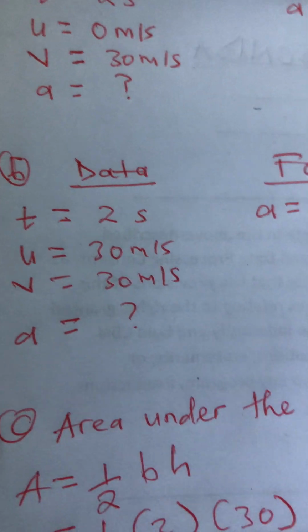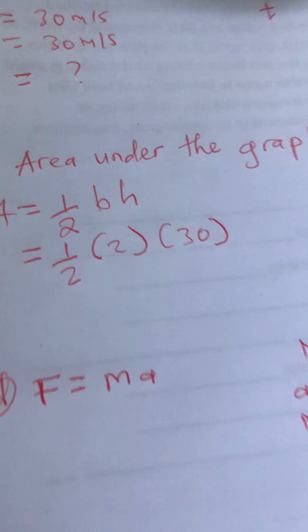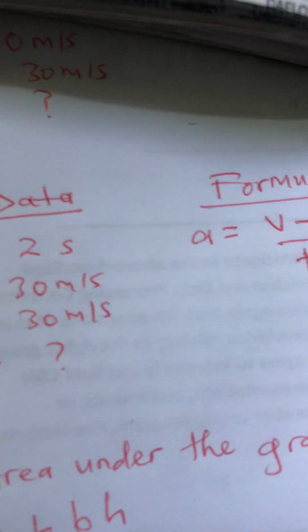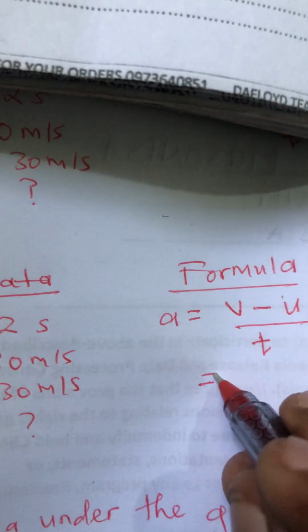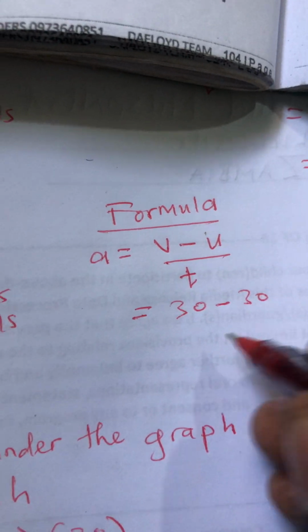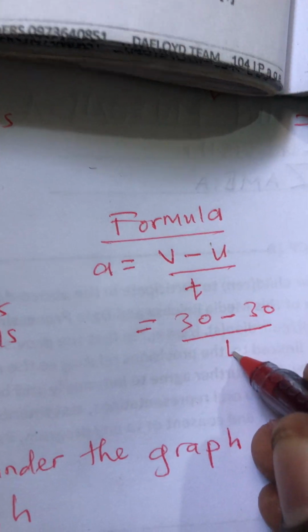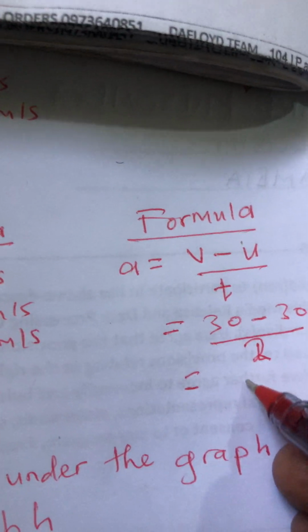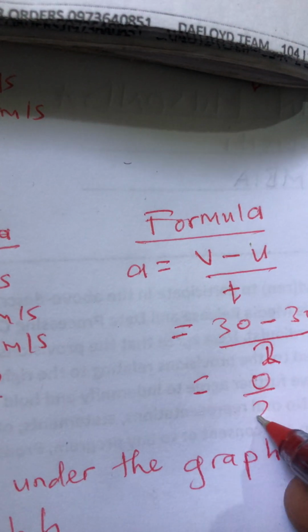Then we want to calculate the acceleration so we can prove why acceleration is 0. So we go to the formula. On the final velocity, we have 30. On the initial velocity, we also have 30. On t, that is time, which is 2. So 30 minus 30 is going to give us 0 over 2.